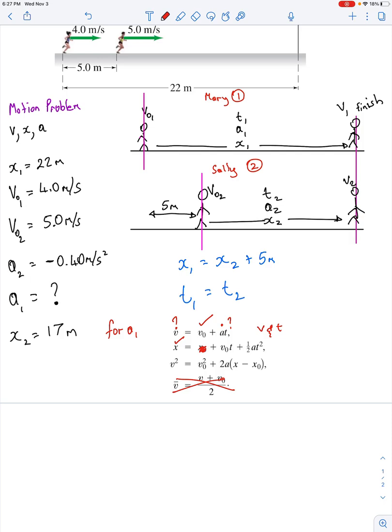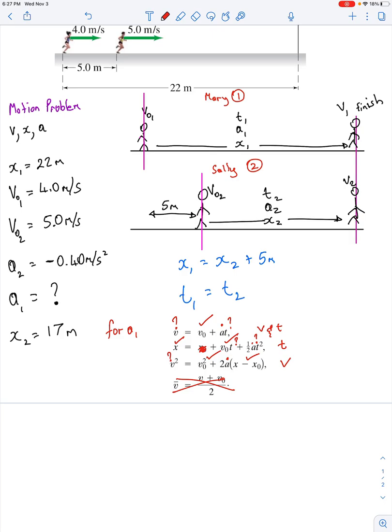Do I have V01? Yes. Do I have T1? No. So I'm missing T. Here. Do I have V1? No. Do I have V01? Yes. Do I have A? That's what I'm looking for. Here. Do I have X1? Yes. So here I'm missing V.